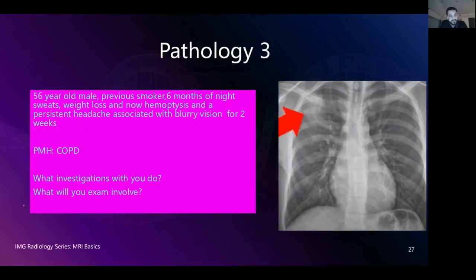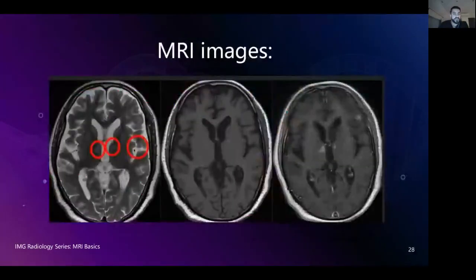I think we've already talked about this, but essentially we're looking at what might be going on. Metastasis. So this is a patient who may have a pulmonary or lung cancer, and you do an MRI scan because he's presented with those headache symptoms, and you can see that there are some lesions here.